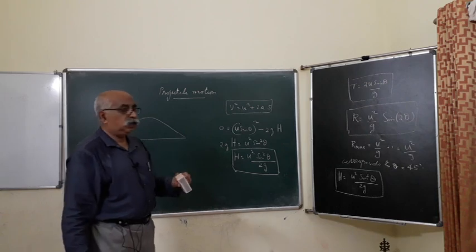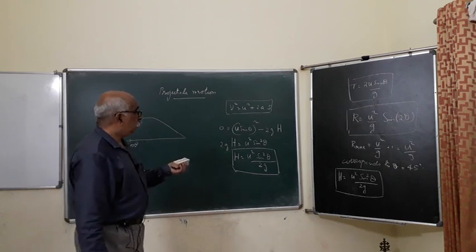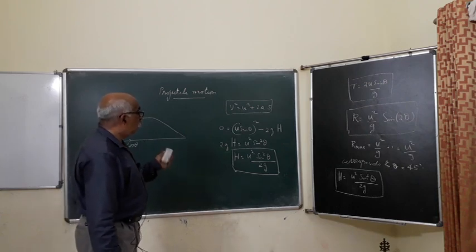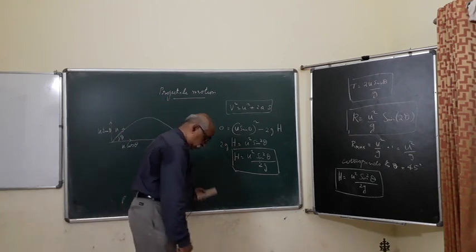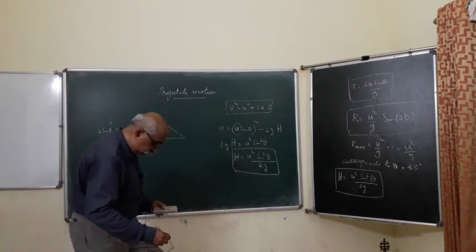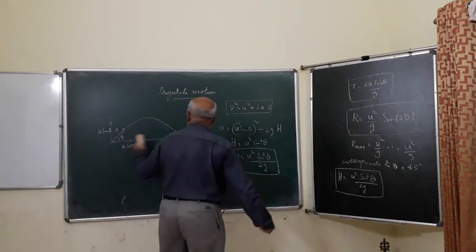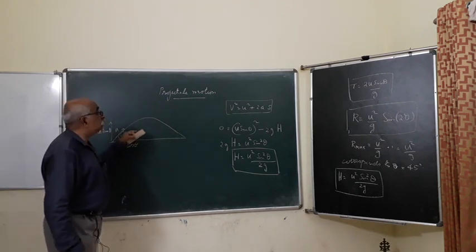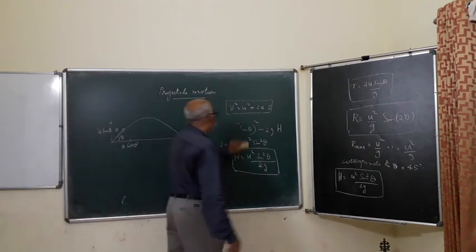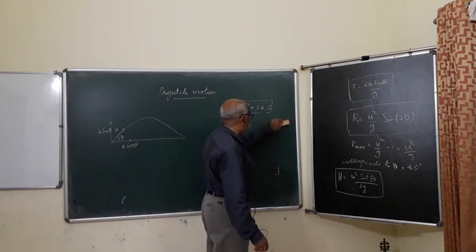Now let us consider the nature of the trajectory involved. That is, what is the shape of the trajectory? We know that it seems to be a parabola. Let us examine whether it is a parabola or not. For this, we consider two equations.